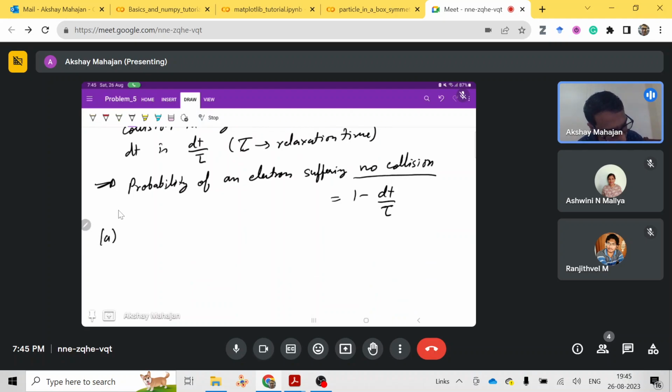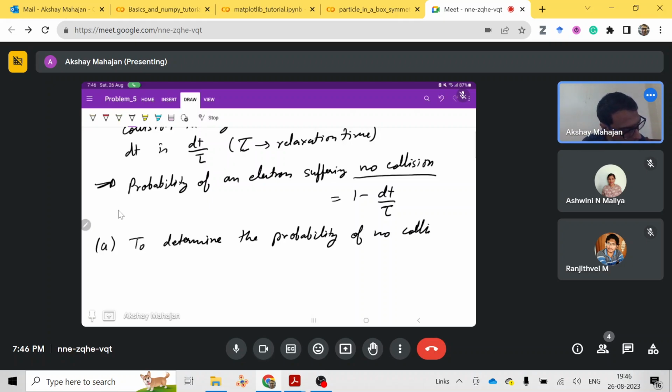Now let's go to our part A. It is asking us to determine the probability of no collision during the preceding t seconds. So how will we find it?